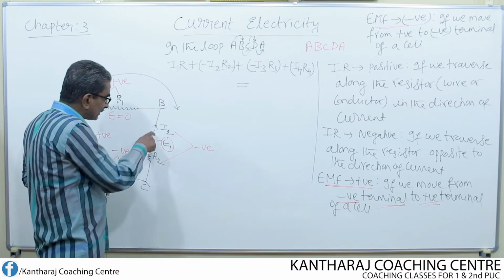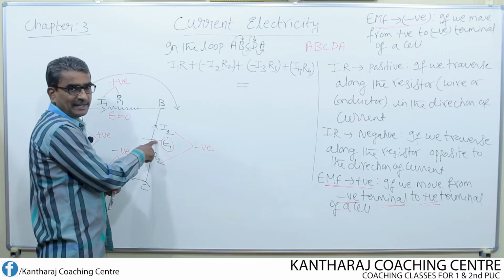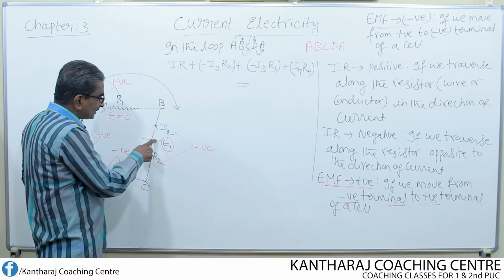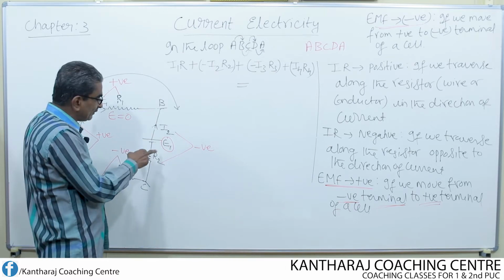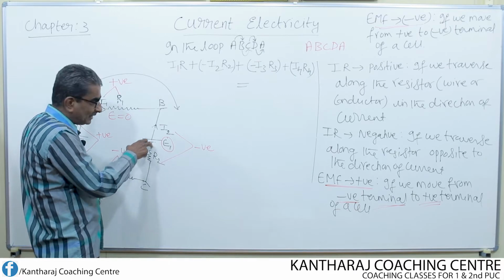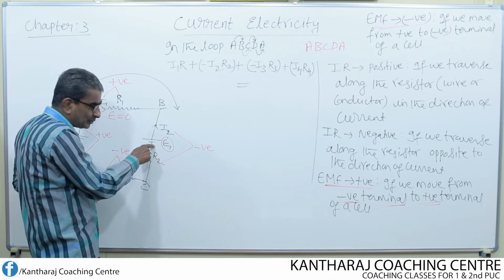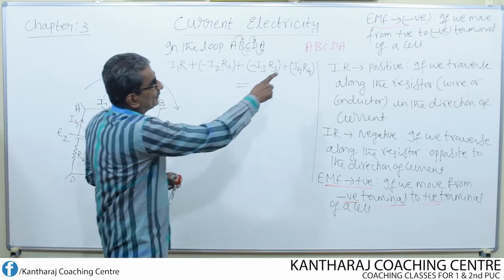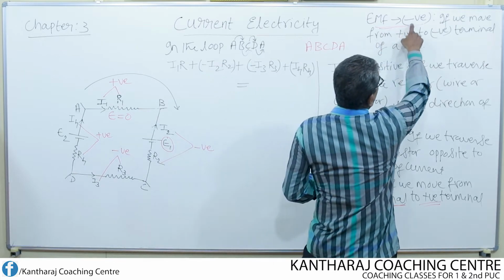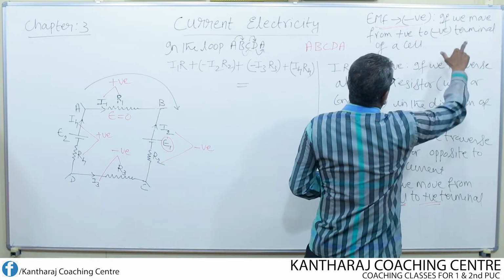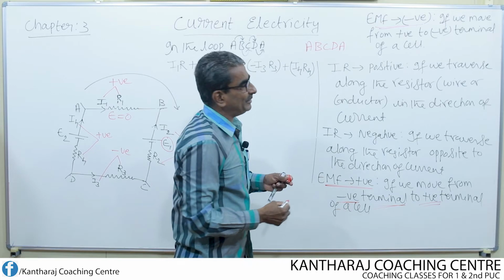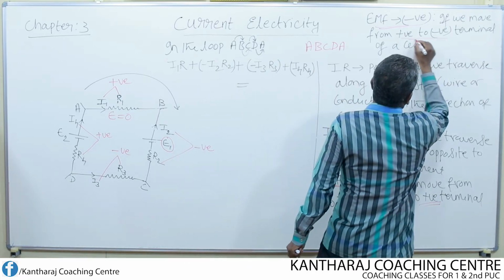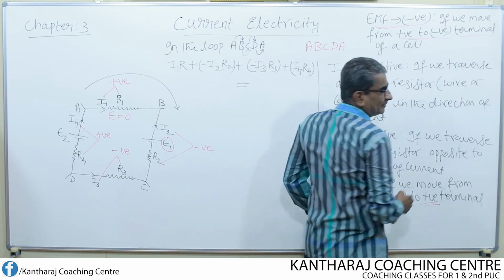That means we come across first the positive terminal, not the negative terminal. If we come across first the positive terminal, it means that we are moving from positive to negative terminal, because we are moving like this from positive to negative. If that's the case, then according to this, EMF is negative because we move from positive to negative terminal of the cell.